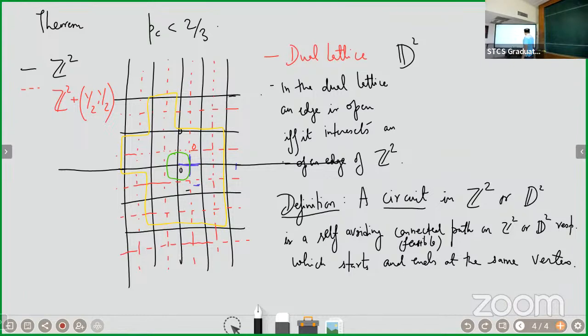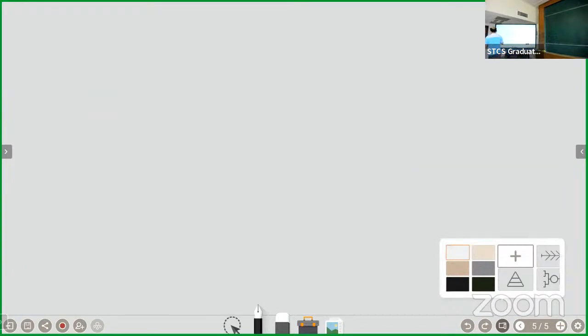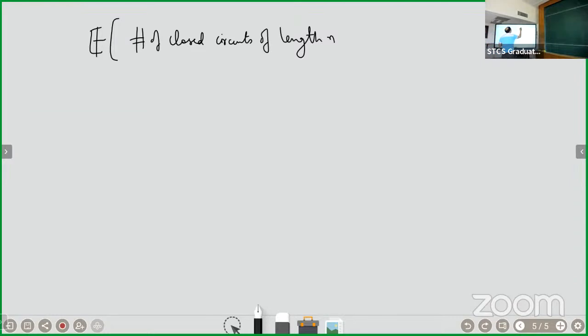So what we end up getting is the expected number of closed circuits of length n. Okay. Now what should I do?